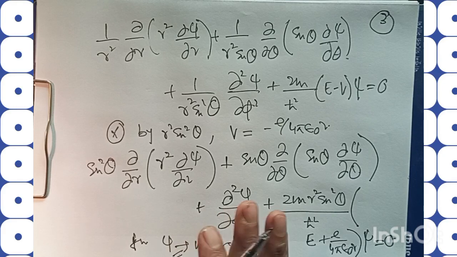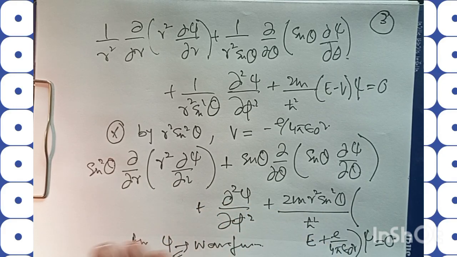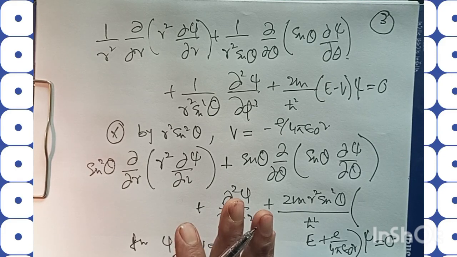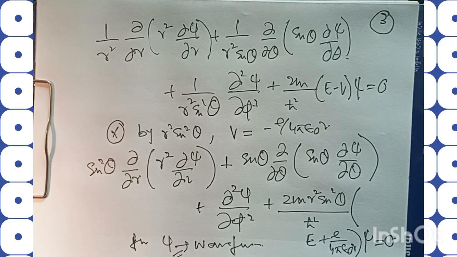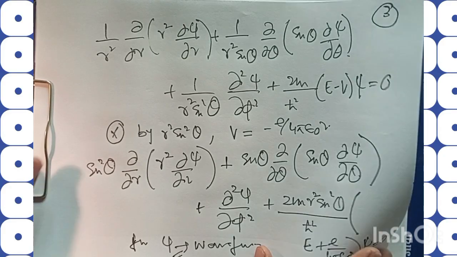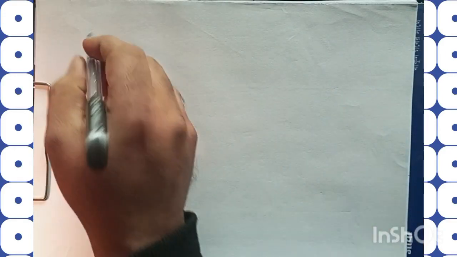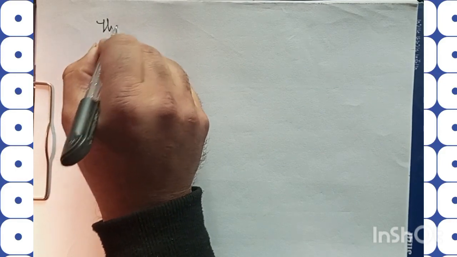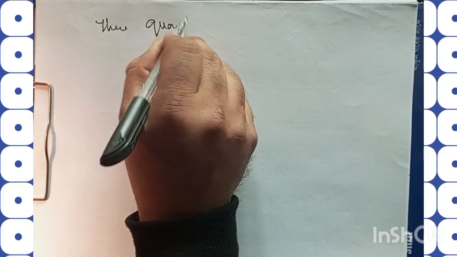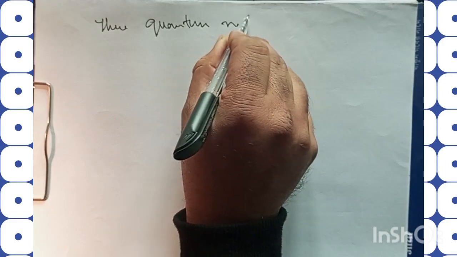So this equation can be exactly solved, and on solving this equation, what we find is three quantum numbers.